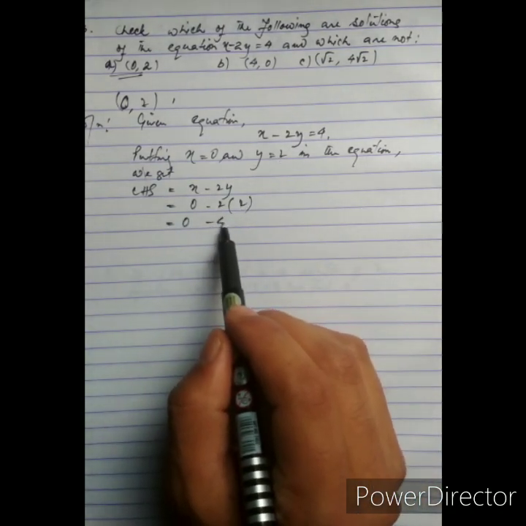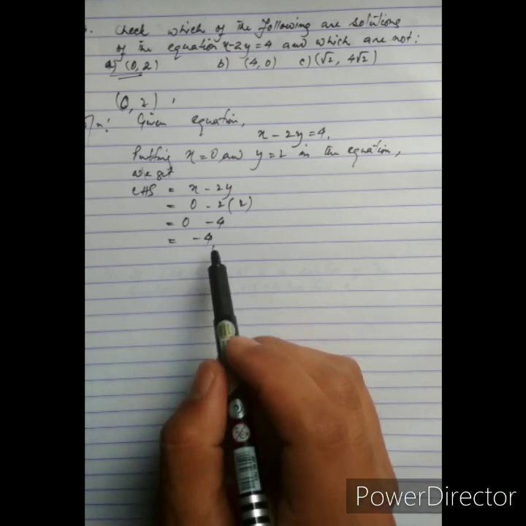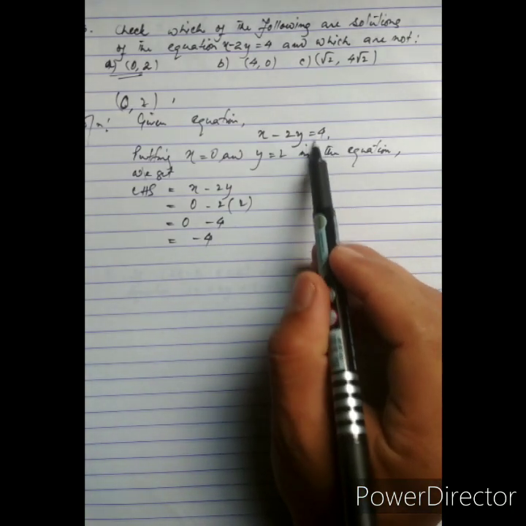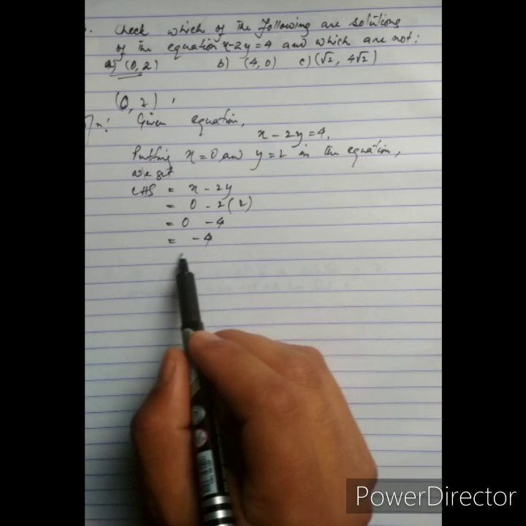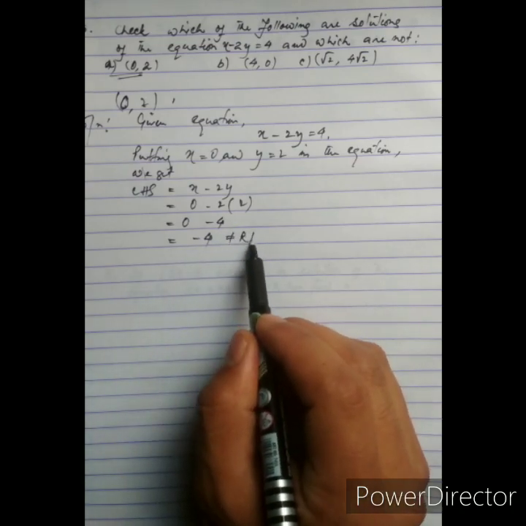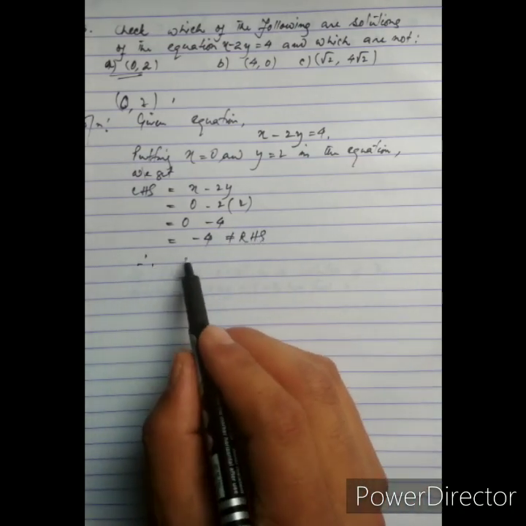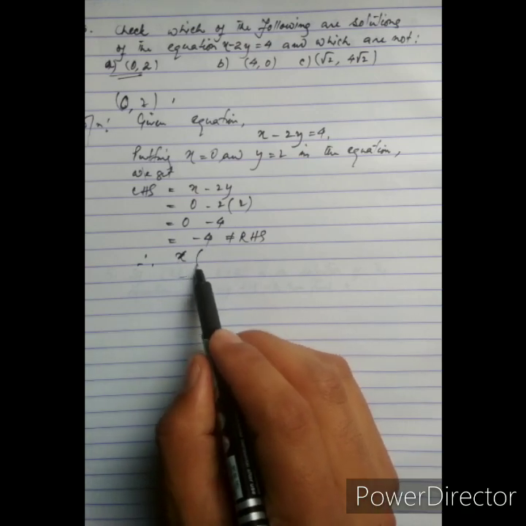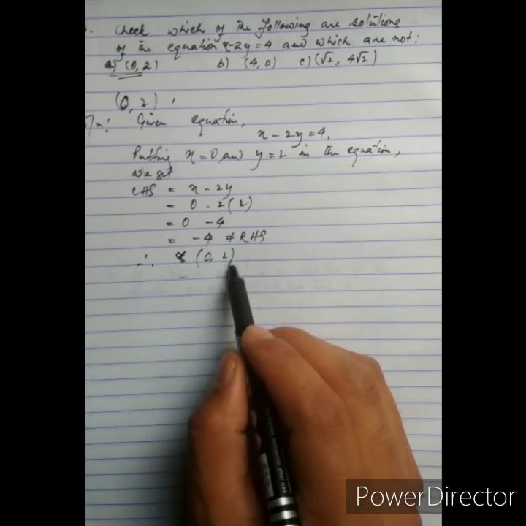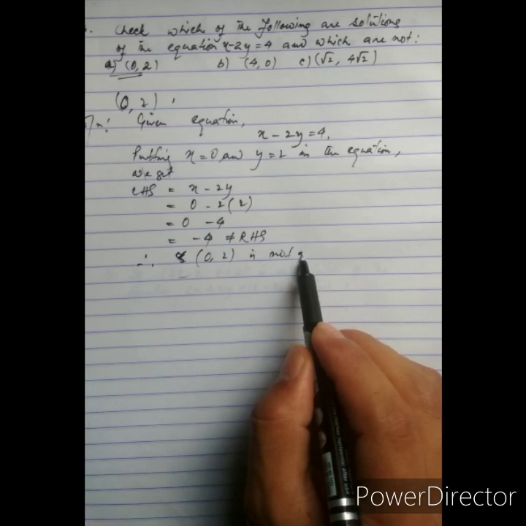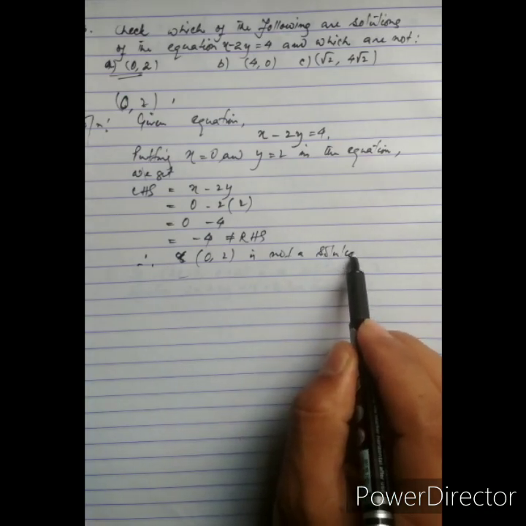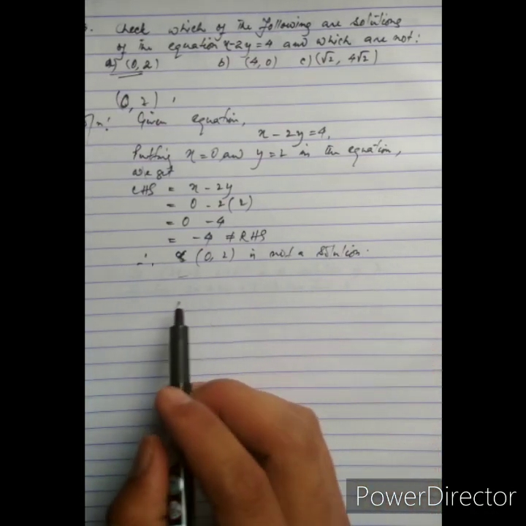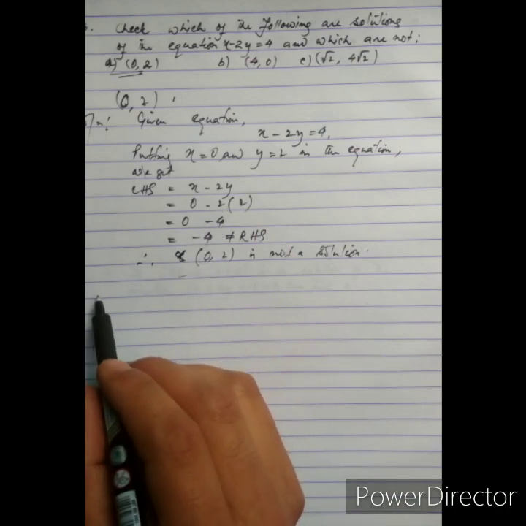So 0 minus 4, I'm getting here minus 4. But in the right hand side there is 4. That means it is not equal to right hand side. Therefore (0, 2) is not a solution.